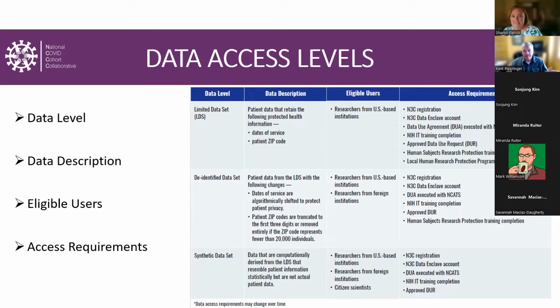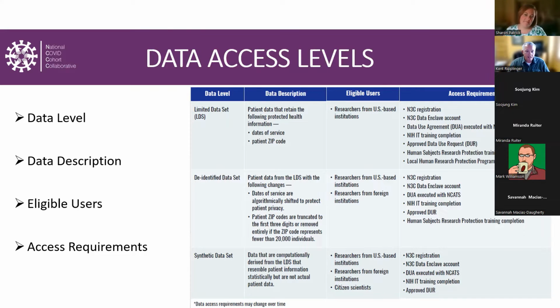Your institution might have a requirement that if you want level 2 data, you need an IRB determination letter. For example, we're working at the University of North Dakota with an investigative team in the N3C.